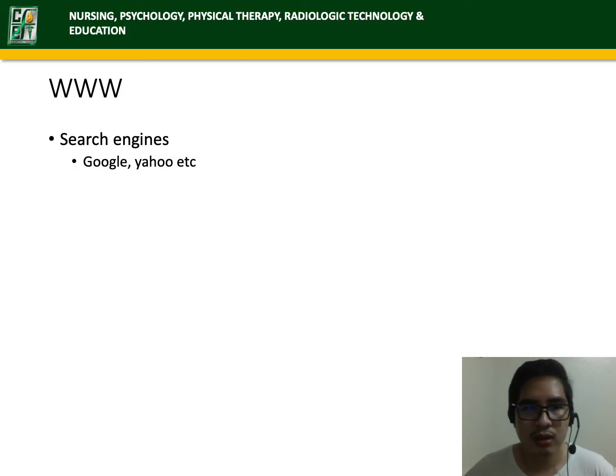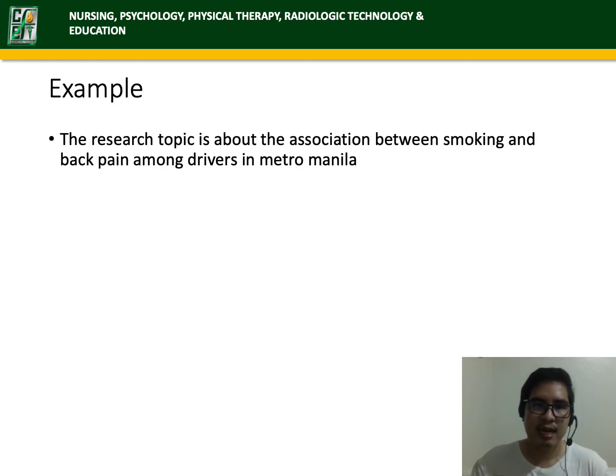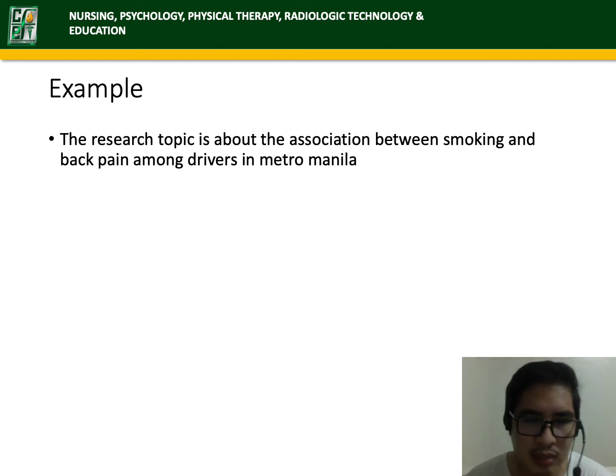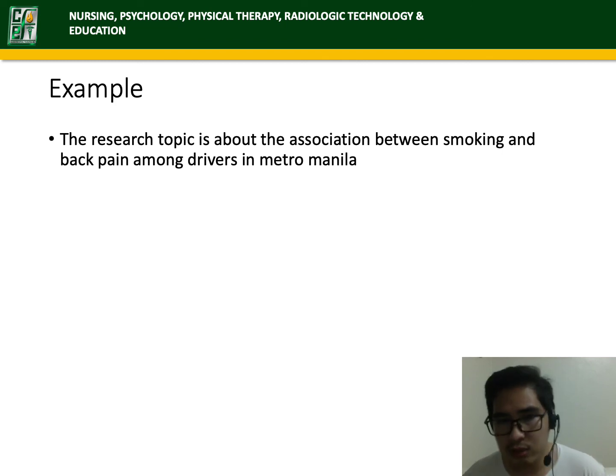Then we have your www search engines, Google, Yahoo, YouTube. So let's have an example. Okay, so for example, the research topic is about the association between smoking and back pain among drivers in Metro Manila. So take note of the keywords there.